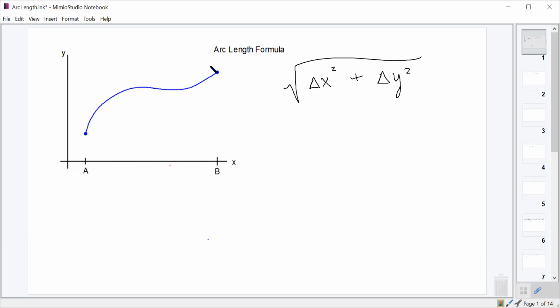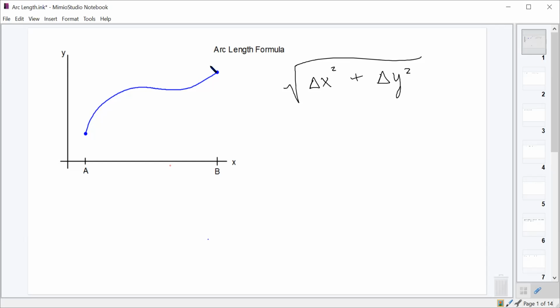Well, one would probably imagine that the more pieces I broke that up into, the more accurate of a representation of the actual length I would have. And if I were somehow able to break that up into an infinite number of little pieces of straight lines there, an infinite number of those and their lengths summed together should be probably an exact value for the length of that curve, right?